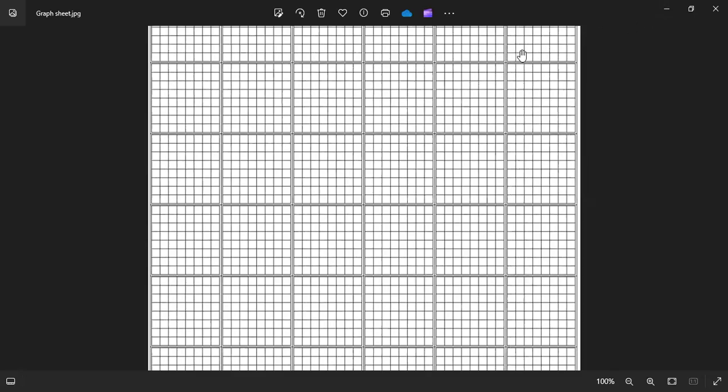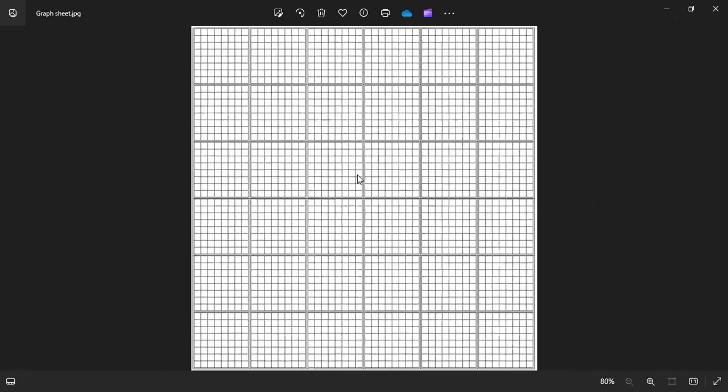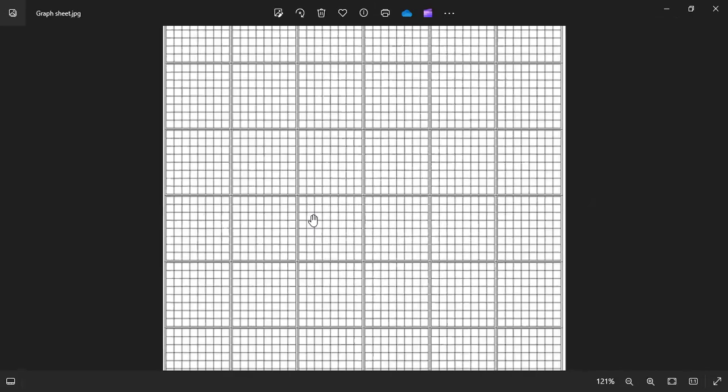Why is the image quality like that? Okay, that's fine. Thank you very much, Obin. I want to know whether all of you can see this graph sheet I've shown here.